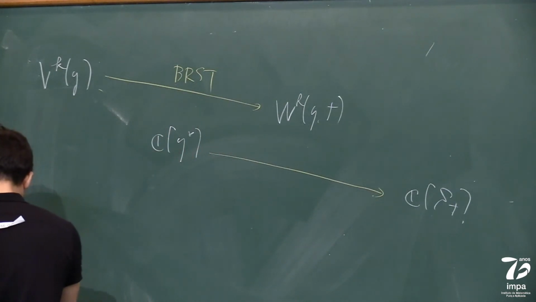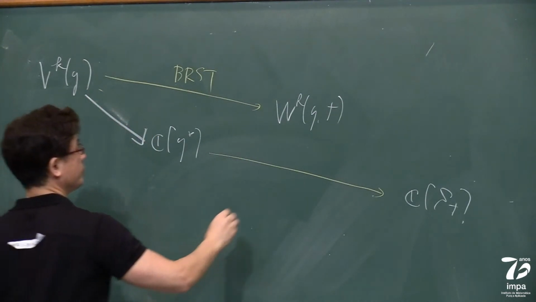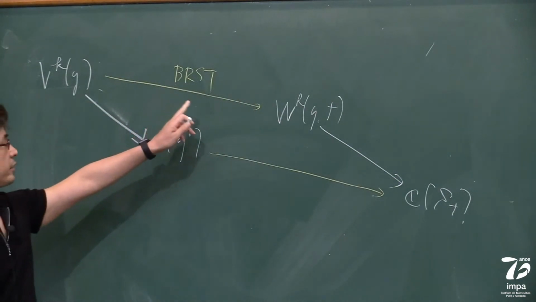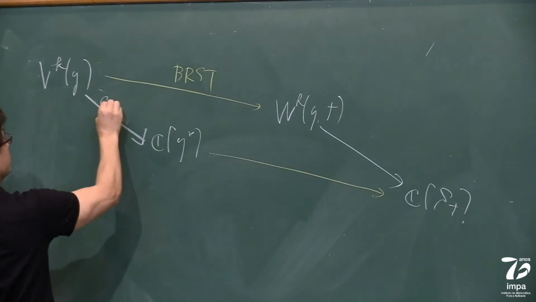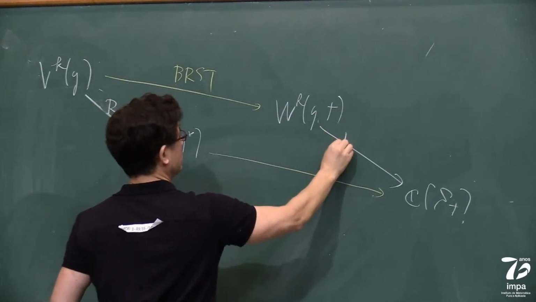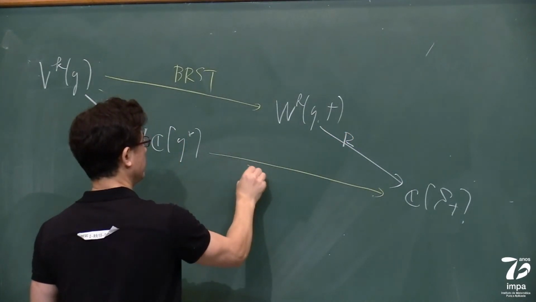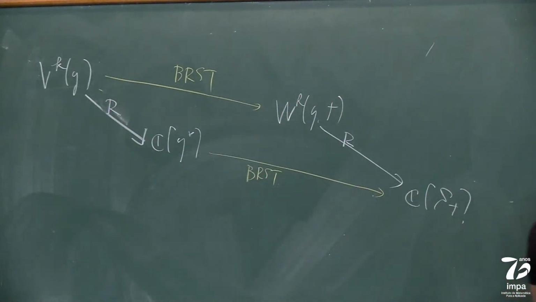And this arrow is the functor of taking the C_2 algebra. And this theorem says this diagram commutes.